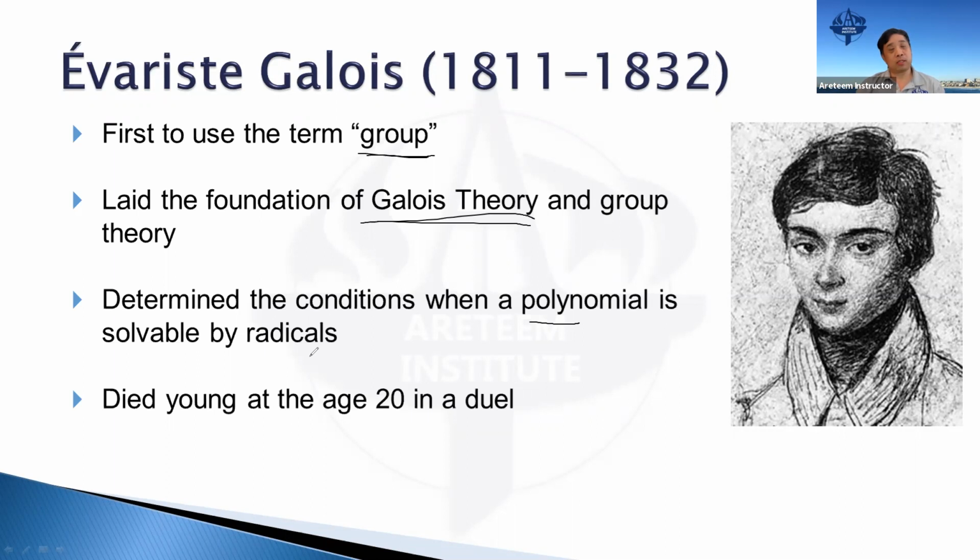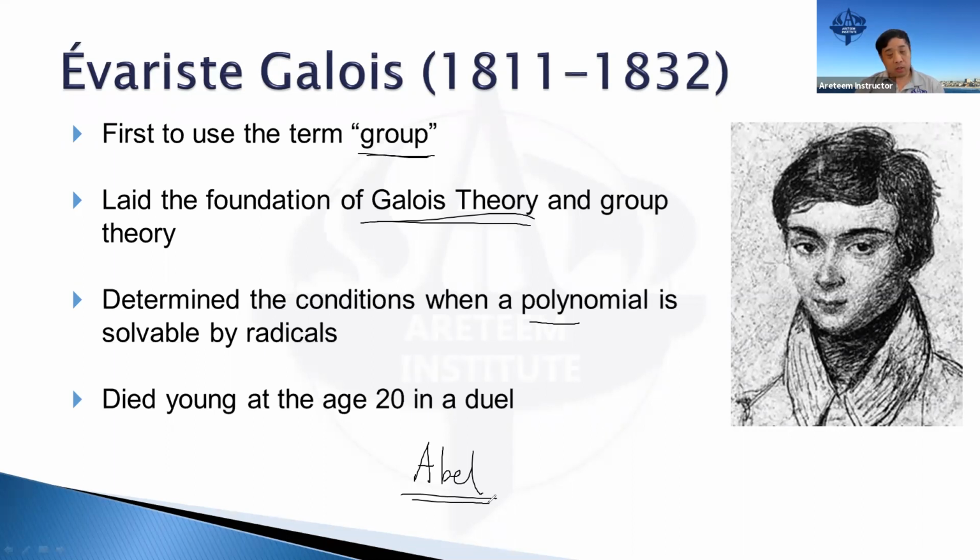And also someone at the same time, also very young, named Abel. Abel was also very young, a little older than Galois.